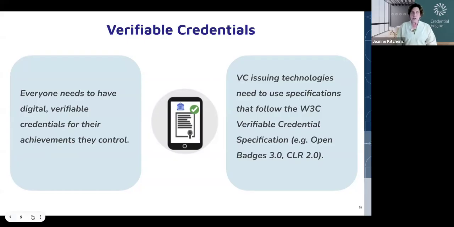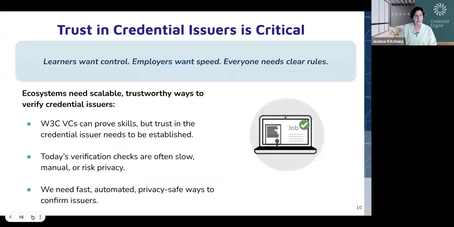A couple of examples are the 1EdTech Open Badges and 1EdTech CLR specifications. And these are the more current versions of those specifications. It's important to use the current versions so that they support this trust framework that we're talking about. And Ariel, you can go ahead.